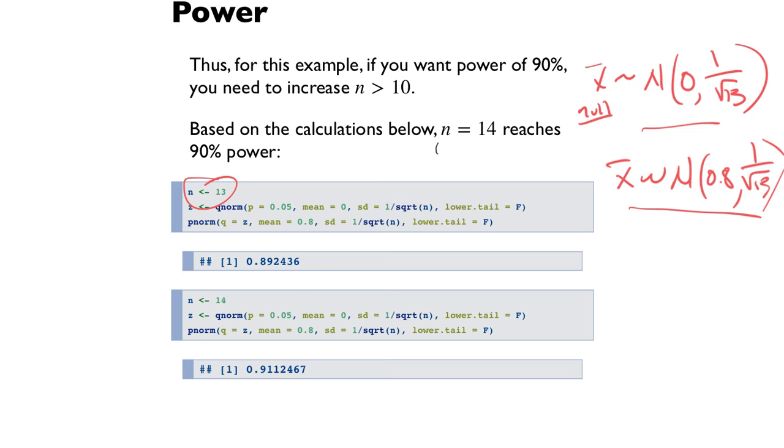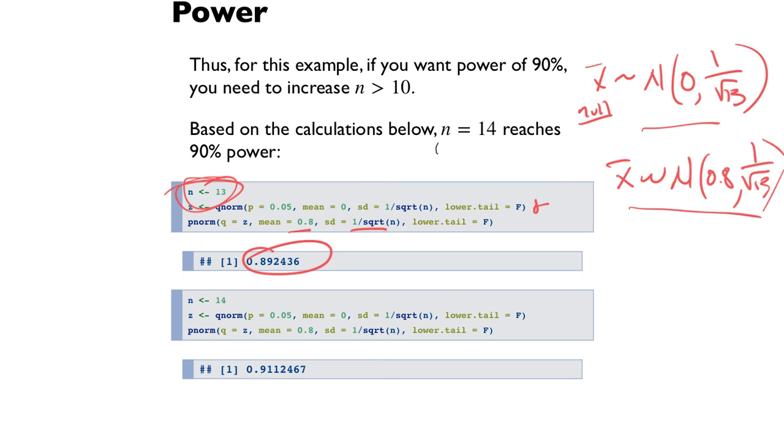The same thing we did last time. We change the n to 13. We get the critical value on the average scale, and we don't even report it here, but it's some other value. Smaller, no doubt, because the variance goes down as the sample size goes up. And then we get the power of that same mean under this new sample size, and we get 0.89. That's pretty darn close to 90, but typically you want to go just above, right?